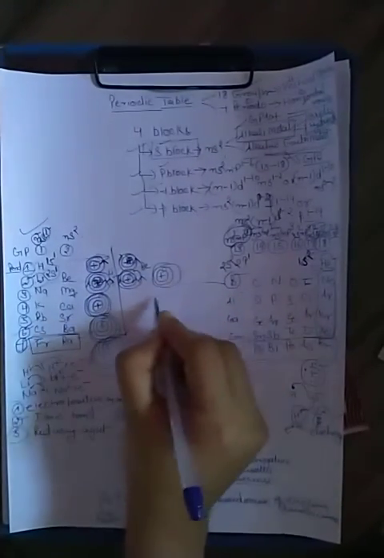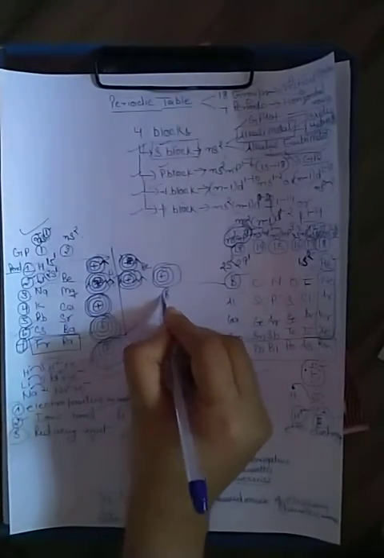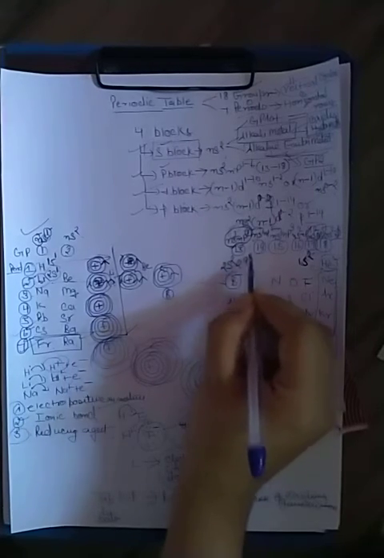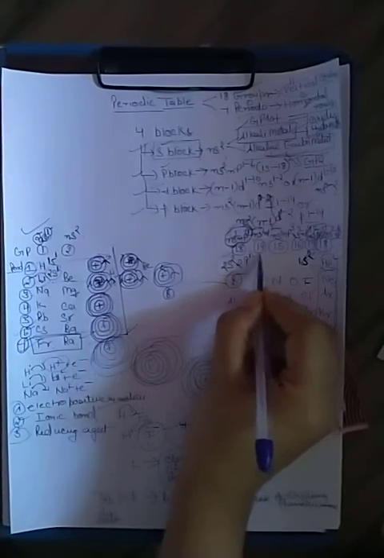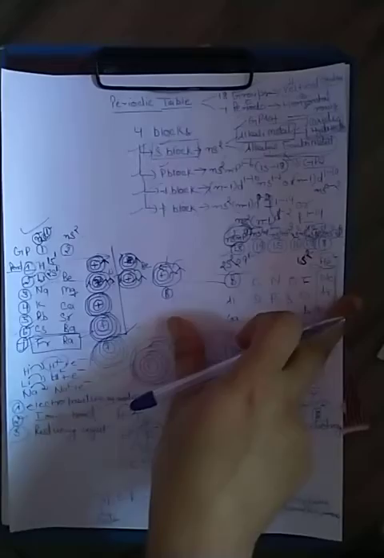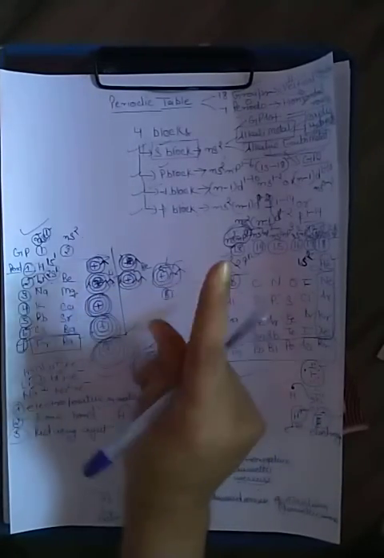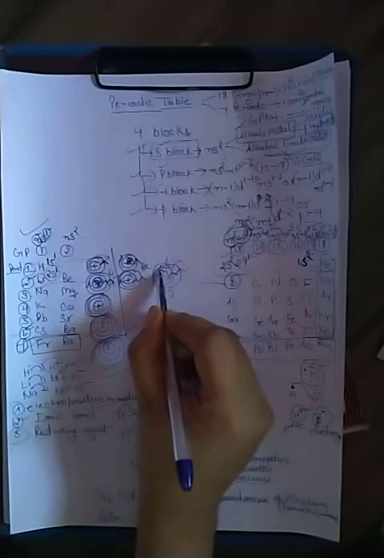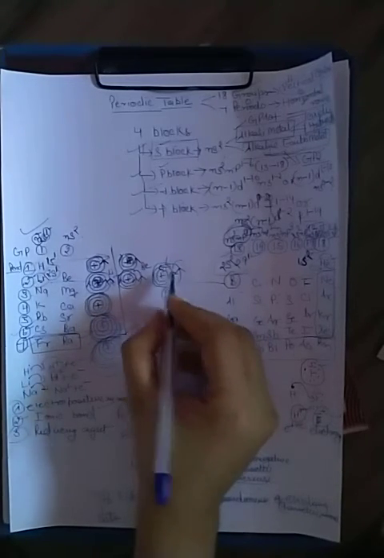So for boron, the first shell has 2 electrons and the second shell has 3 electrons, 2 in the s orbital and 1 in the p orbital. As we move from left to right, the charge on the nucleus increases by 1.